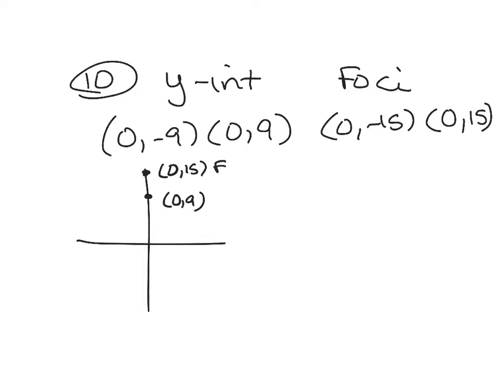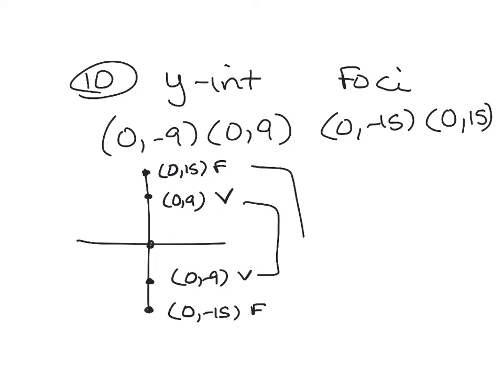The y-intercepts are actually the vertices, and then again, the foci. The midpoint between these two is (0, 0), and same here. So my center is still at the origin. It's crossing the y-axis.